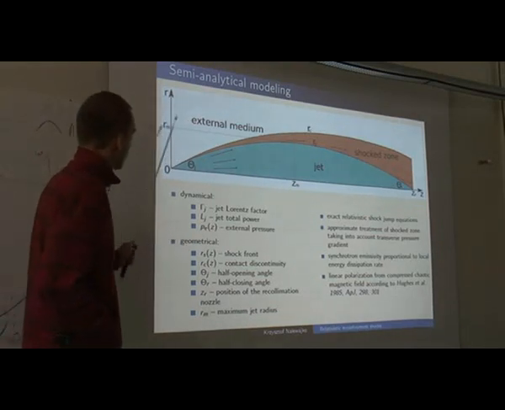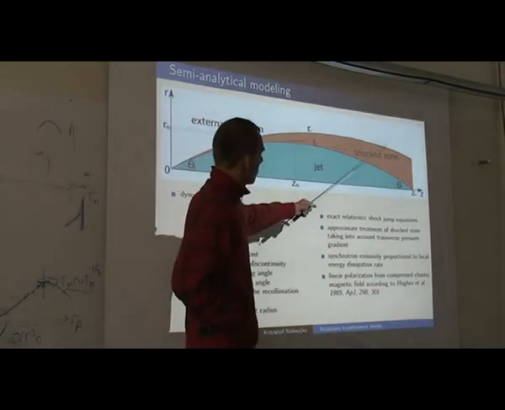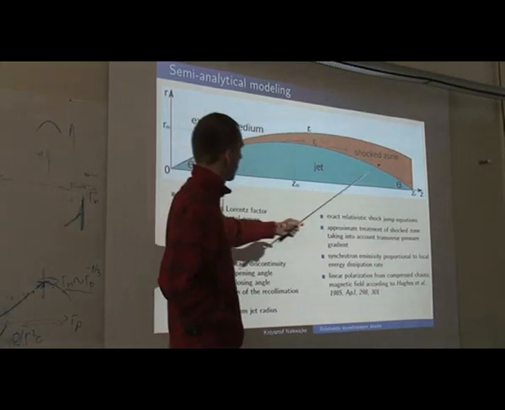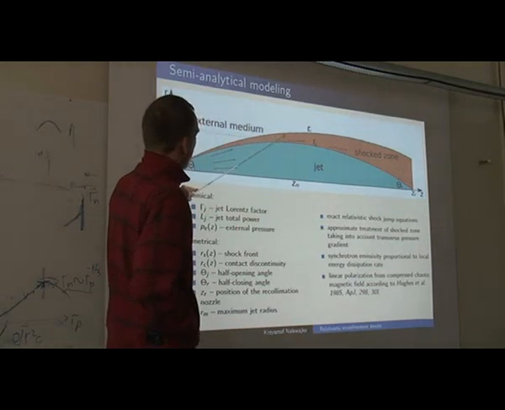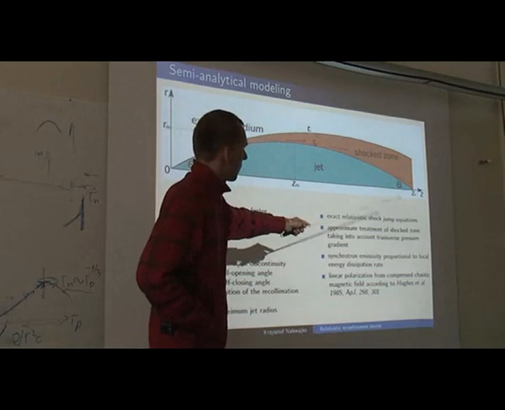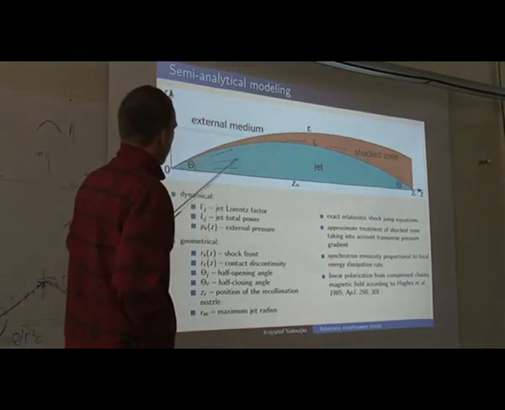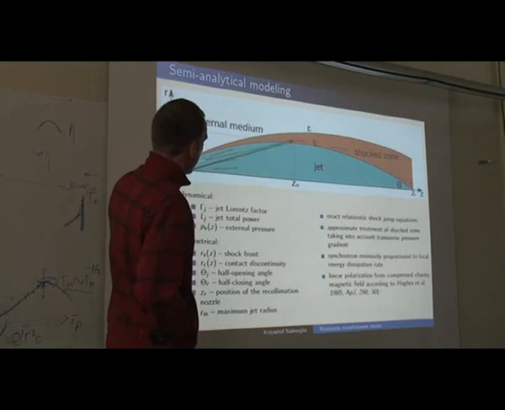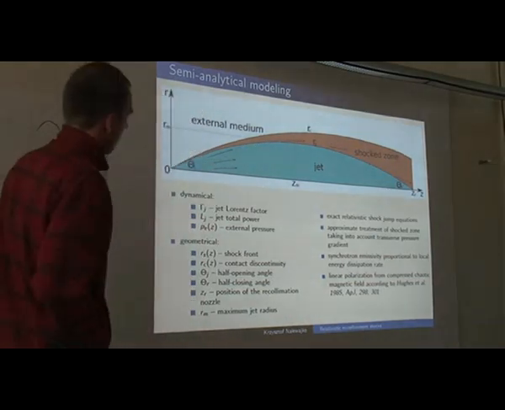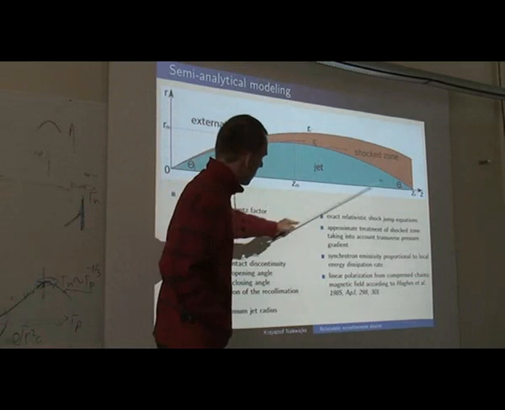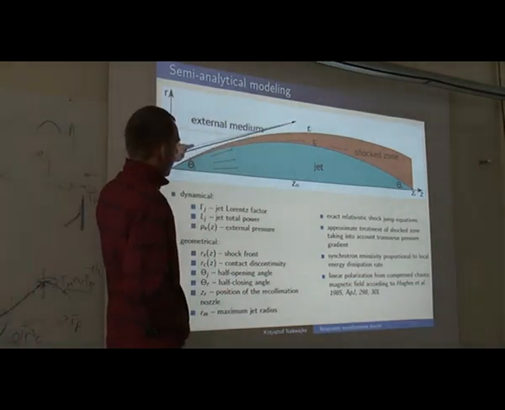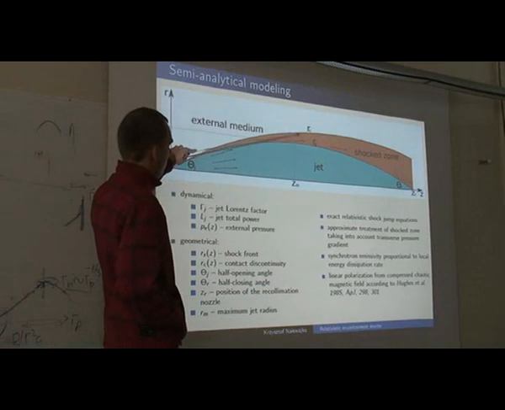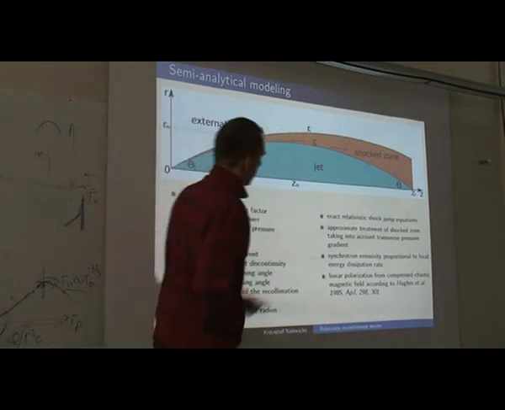Okay, but there is a question whether the external pressure, which is somewhere here, can be modified. It can be a bit modified because of the need for the matter to move on curved trajectories. So you expect a pressure gradient across the shock zone, and the pressure just behind the shock surface should be lower than the external pressure, and the factor by which it is lower can affect these estimates.